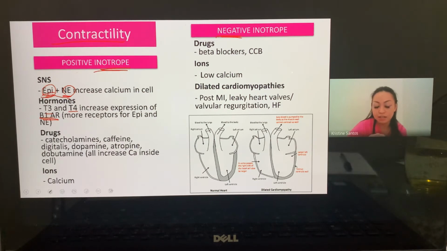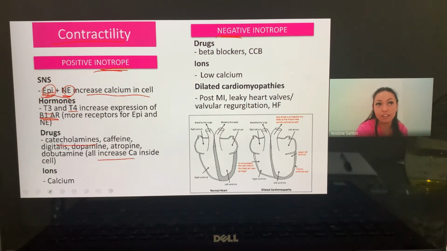Okay. The next one can be drugs. So catecholamines. Catecholamines are essentially just norepinephrine and epinephrine. If you give norepinephrine or epinephrine to someone, it's going to increase the calcium inside your cell, and it's going to increase the contractility of the heart. Caffeine, digitalis, dopamine, atropine, dobutamine. All of these drugs increase calcium inside the cell.